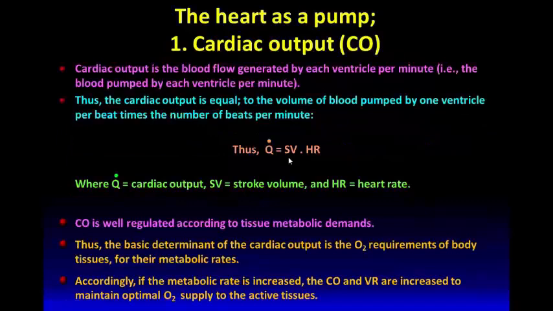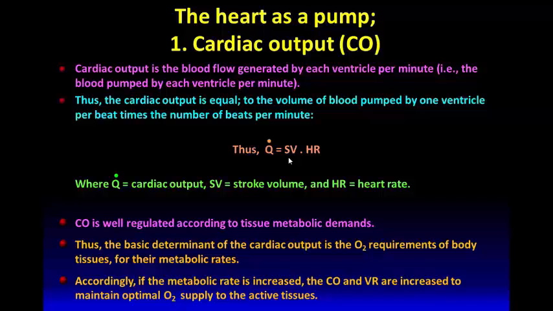We mentioned in the previous lectures that the heart functions as the central pump of the cardiovascular system, and that within the heart itself there are two pumps. The left ventricle, which serves as the pump of the systemic circulation, and the right ventricle, which functions as the pump of the pulmonary circulation.